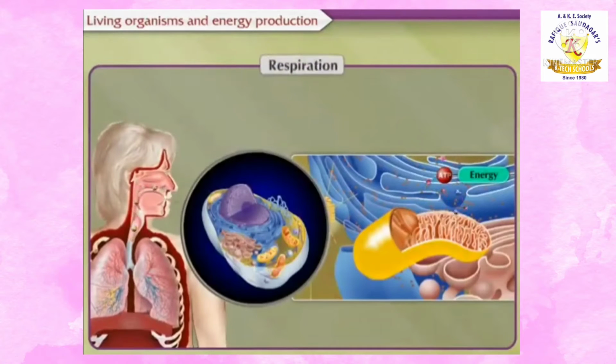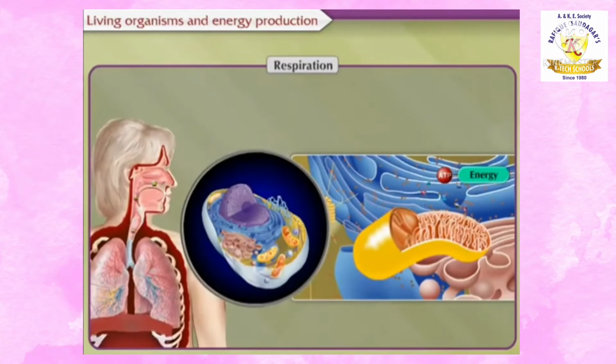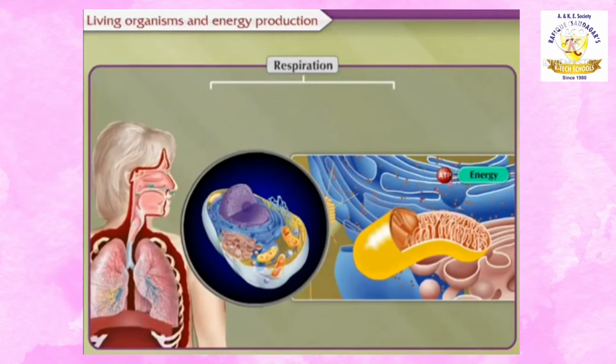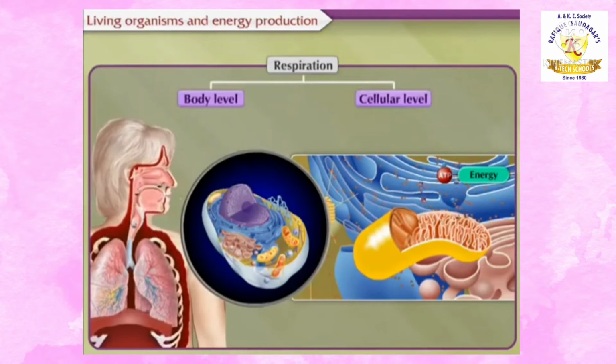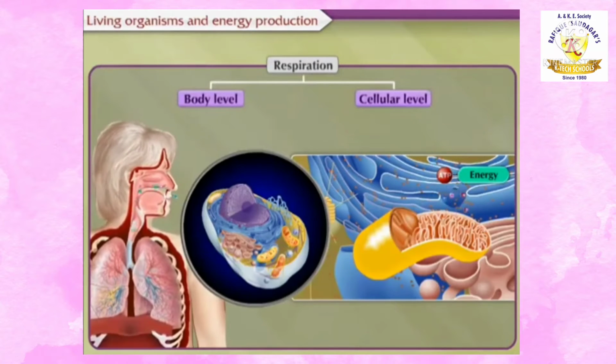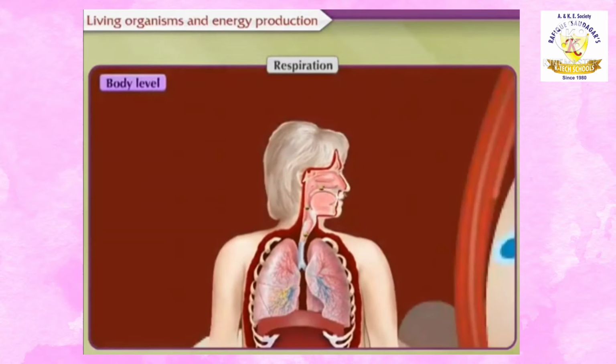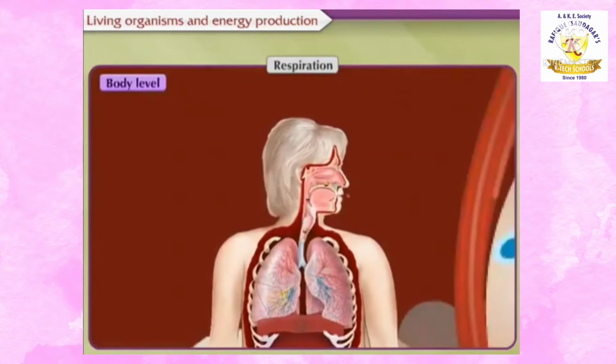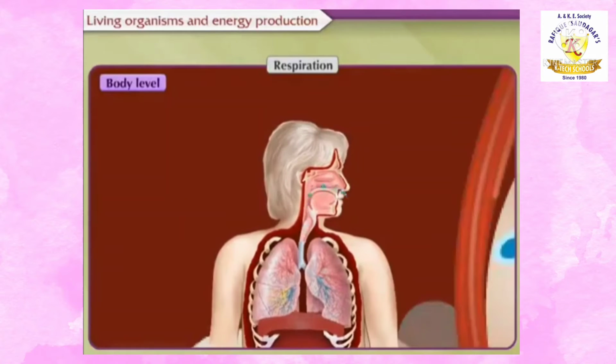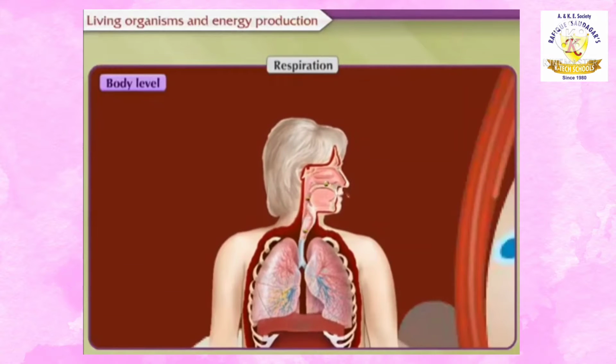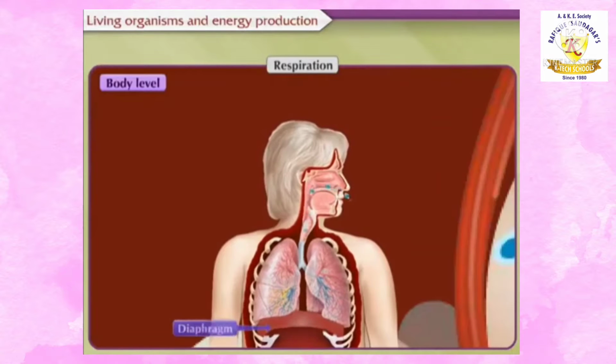We know, children, that in living organism, respiration occurs at two levels, body level and cellular level. We know that at body level, oxygen and carbon dioxide are exchanged between body and the surrounding.